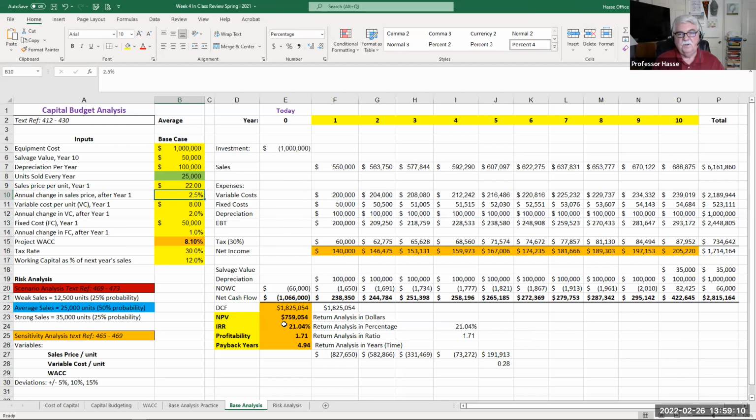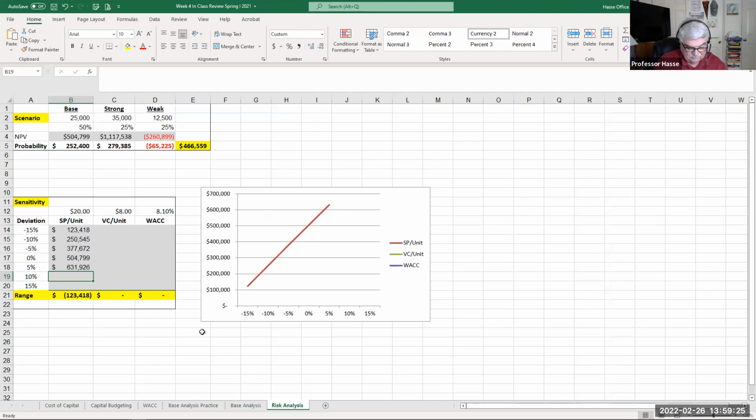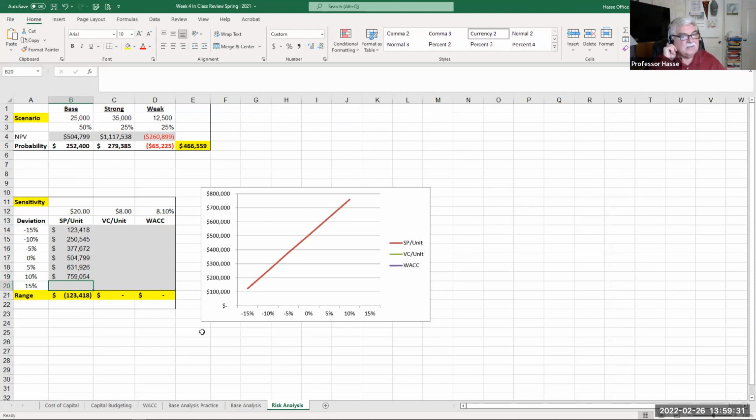This is when you have your spreadsheet set up correctly, and you can do all this analysis in addition to your base analysis of your original expectations. You can adjust it for the various risk analysis that you're doing. And notice how our line is getting almost complete.